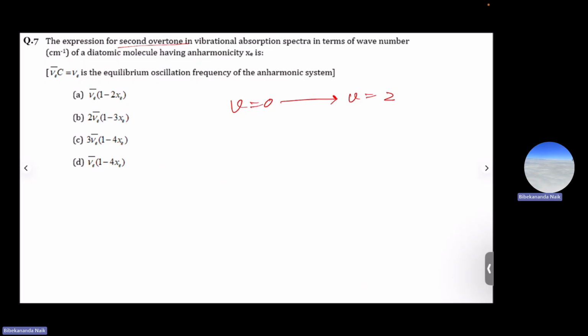So you need to find out the wave number corresponding to the transition v equal to 0 to v equal to 3, and you need to consider the concept of anharmonic oscillator because in the options also they are given in terms of anharmonicity xe. So we need to consider the anharmonicity of the molecule. So I'll give a few minutes and then we'll find out what will be the correct answer.